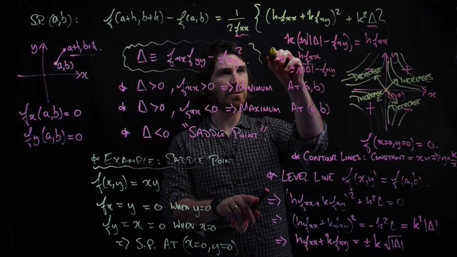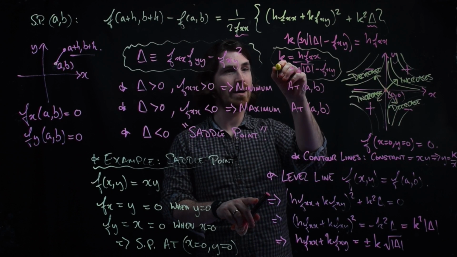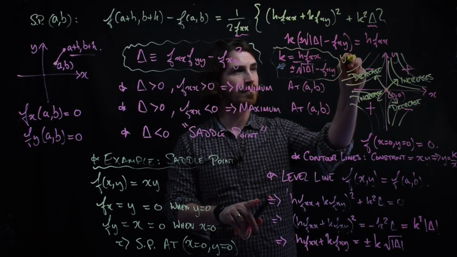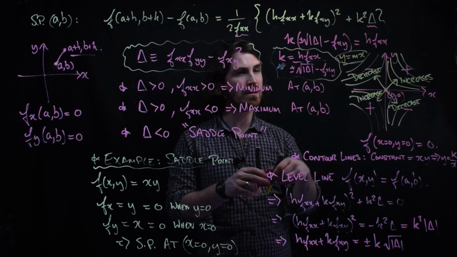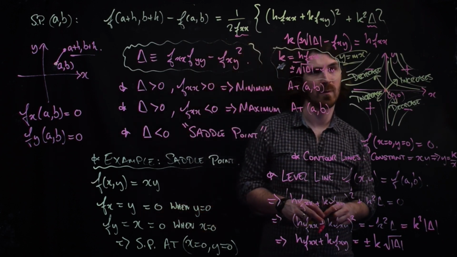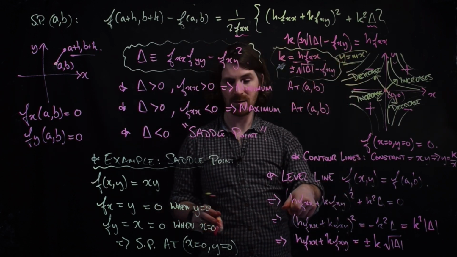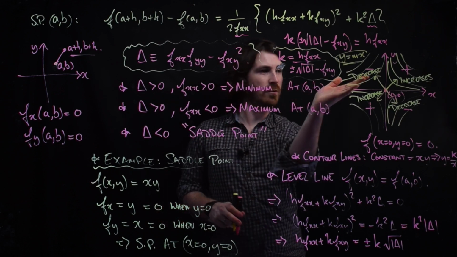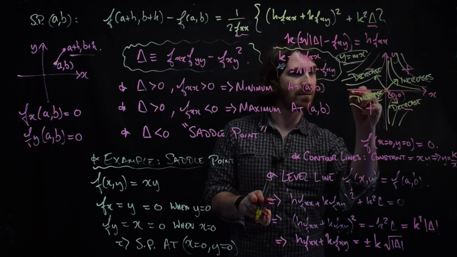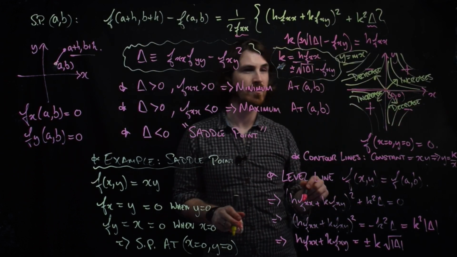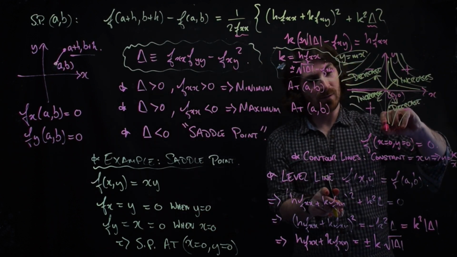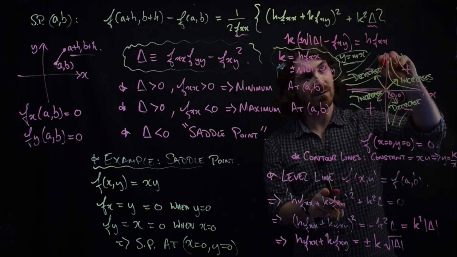So these are two lines, y equals mx basically, and the gradients depend on the value of fxx and the delta. In this case our fxx was 0, so one of our gradients was 0, so one of the level lines is the x-axis. This is a bit of a nasty case because the other line is 0 over 0, which is basically an infinite gradient, and it's the y-axis here.